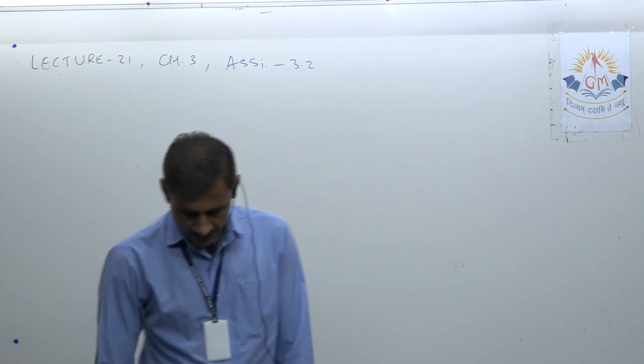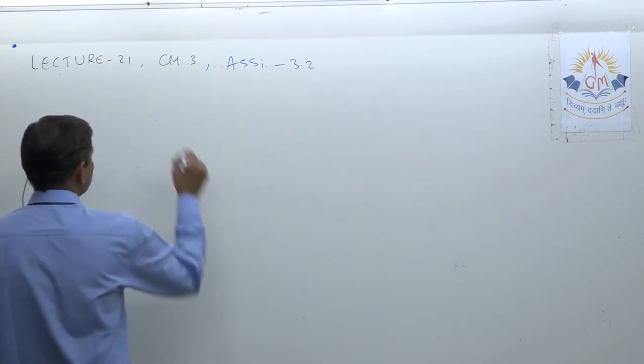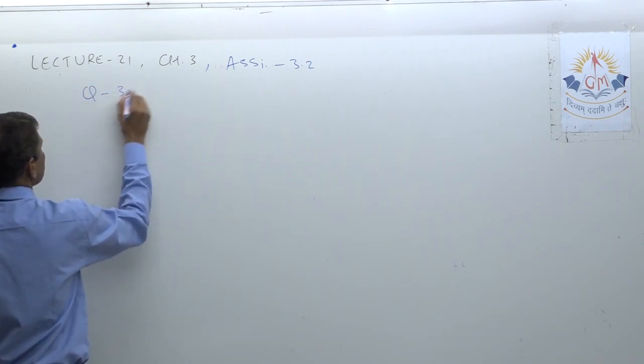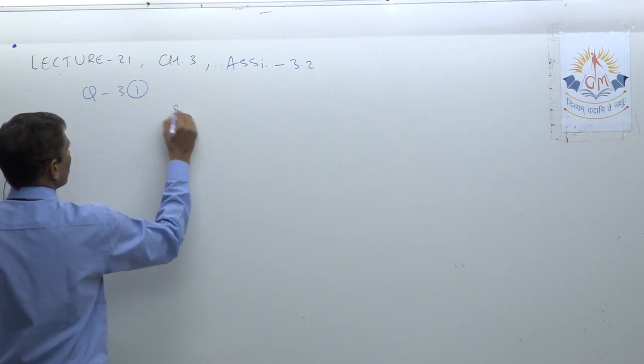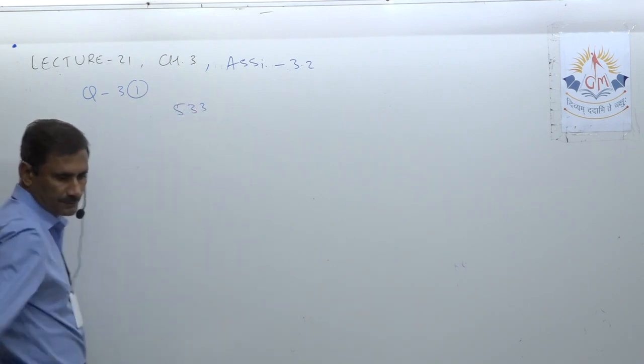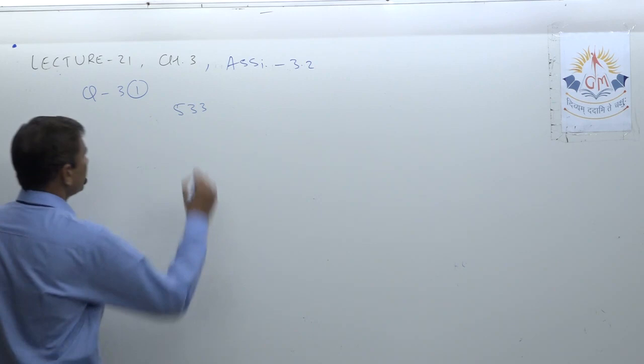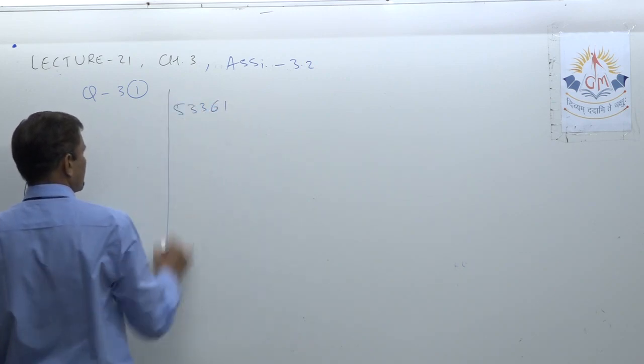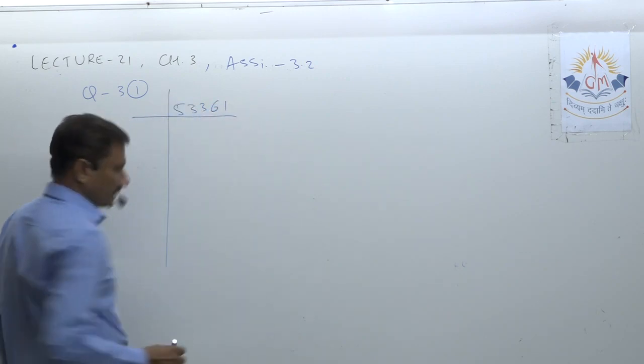So let it be 53361. First of all, by the prime factorization method.